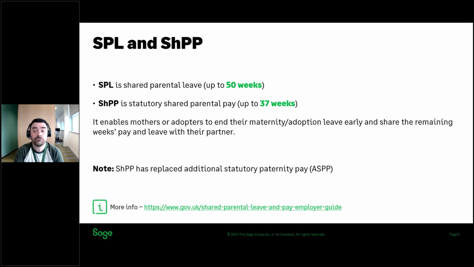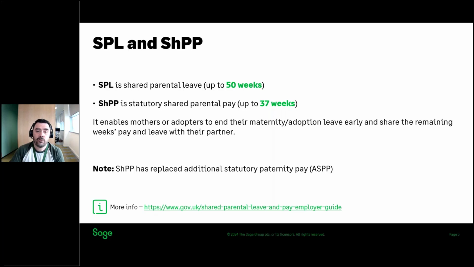Now, shared parental pay has replaced additional statutory paternity pay, which was an option for the partner to take extended leave if the mother ended the maternity early, but now it can be shared between both partners as well. And there's a good overview of this on the gov.uk website, so I have included a link to that there on the slide.